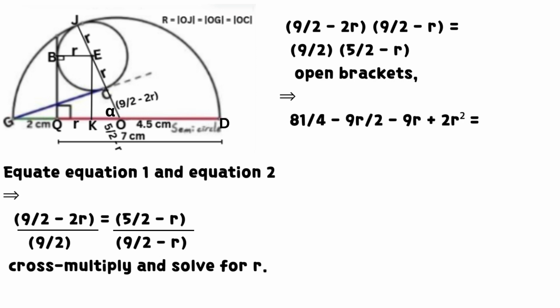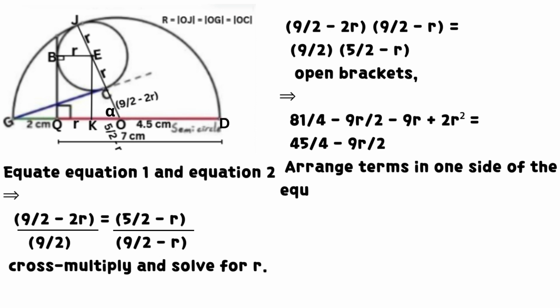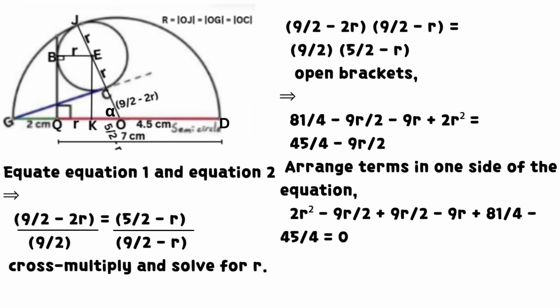Open brackets. It implies that 81 divided by 4 minus half of r times 9 minus r times 9 plus 2 times the square of r equals 45 divided by 4 minus half of r times 9. Arrange terms on one side of the equation.